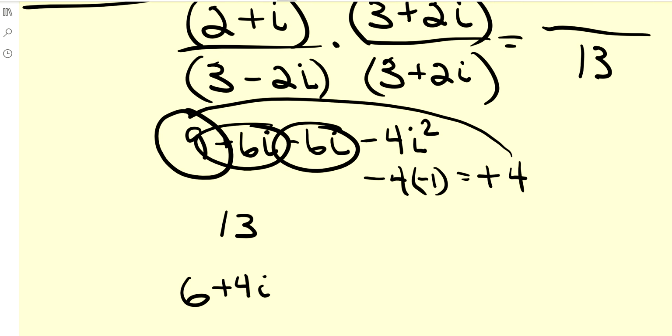Inside is 3 times i, so that's positive 3i. And last I've got i times 2i, which is positive 2i squared. Then i squared is negative 1, so negative 1 times 2 is negative 2.